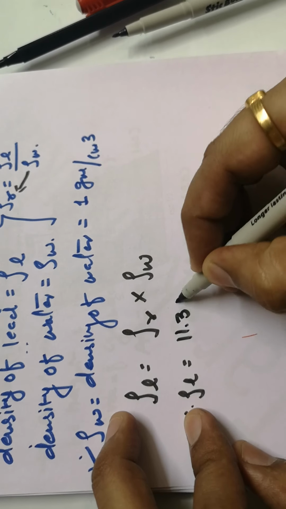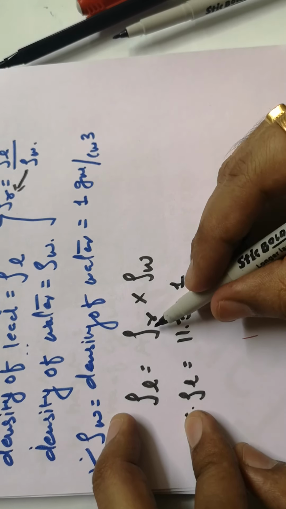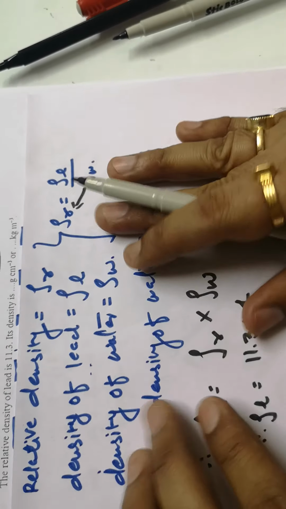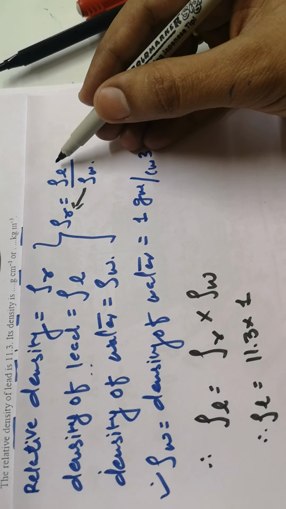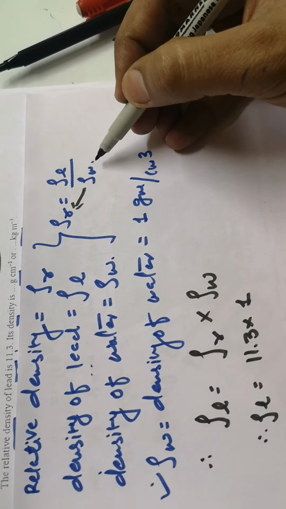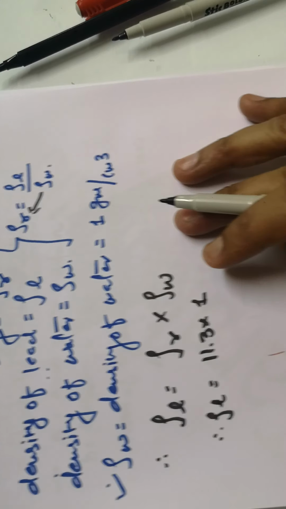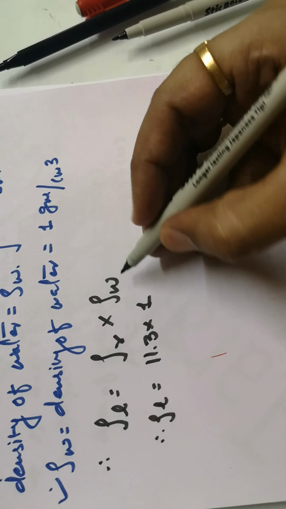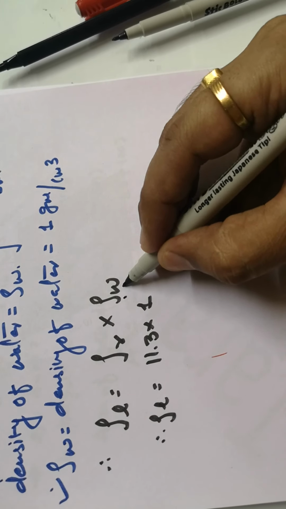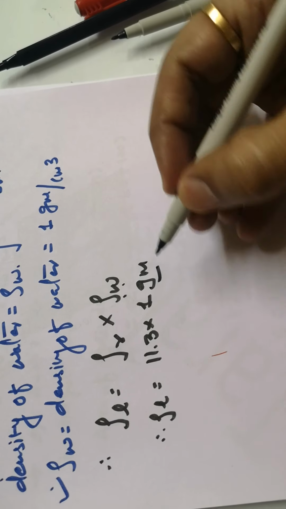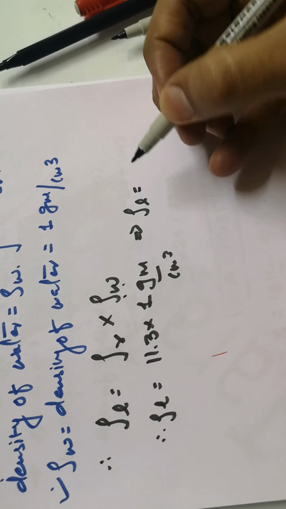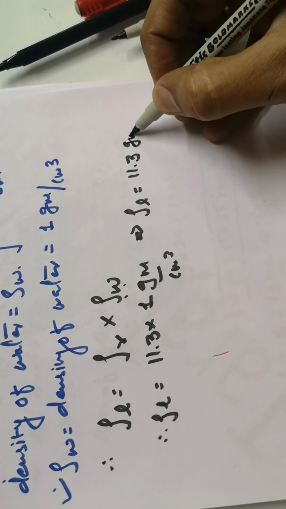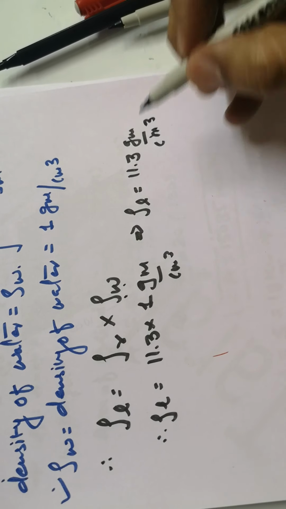Relative density does not contain any unit, because if you place the units, either kilogram per meter cube or kilogram per meter cube, both will be cancelled out. That is why I haven't mentioned any unit over here. But the density of water is given, that is 1 gram per centimeter cube. So I got that the density of lead is 11.3 gram per centimeter cube.